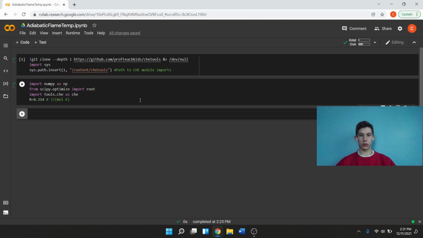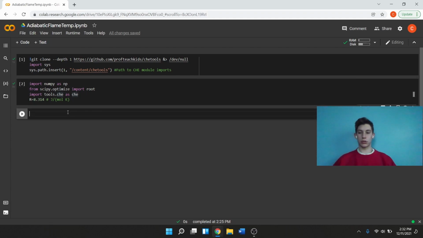NumPy will be one of the modules we use for calculations. We're using this root plugin to help solve our final equation. This is just for this module here, so we can get the properties and ideal gas constant.